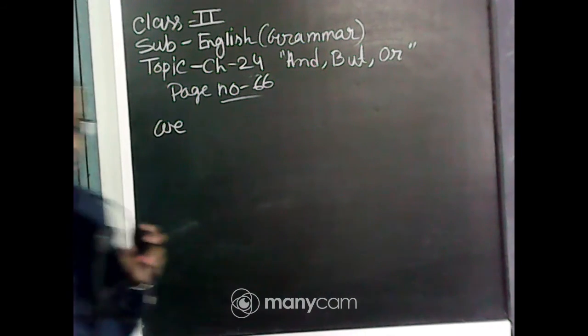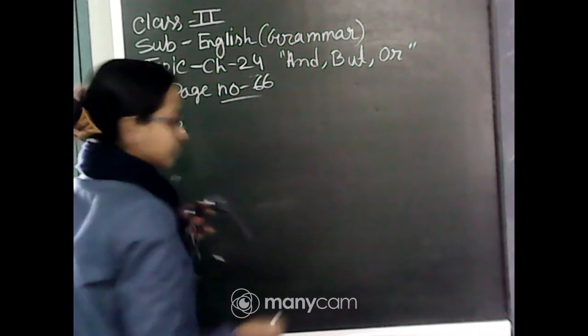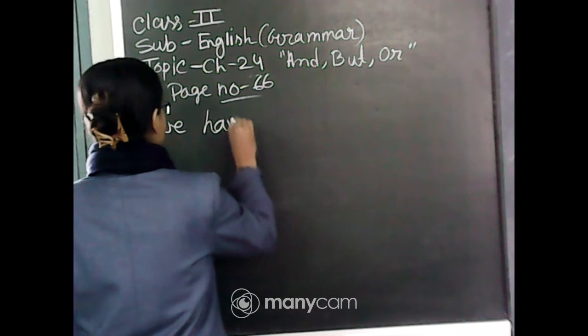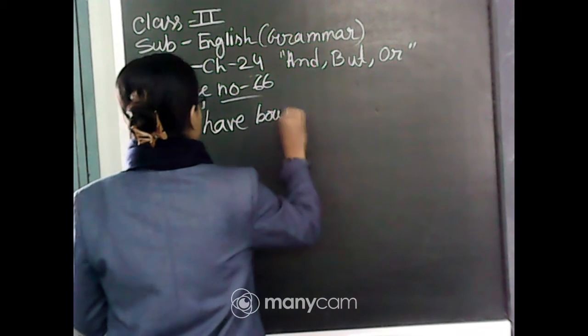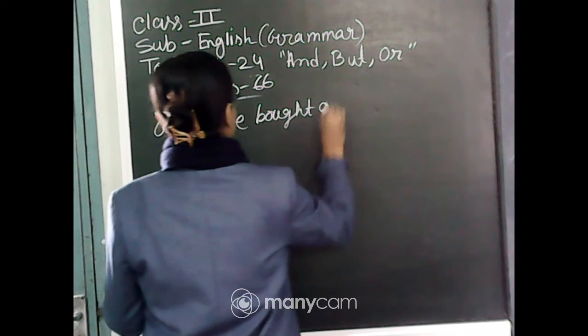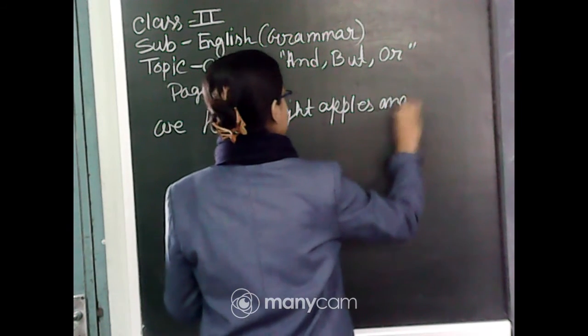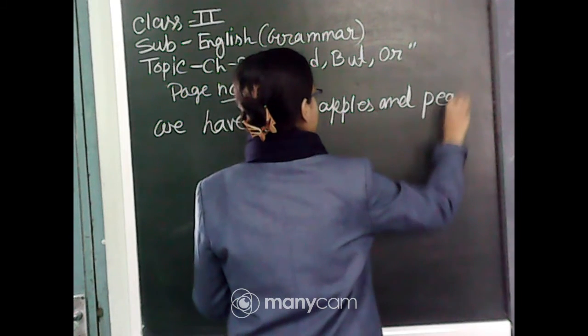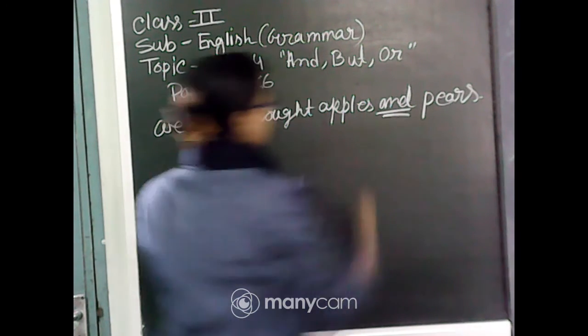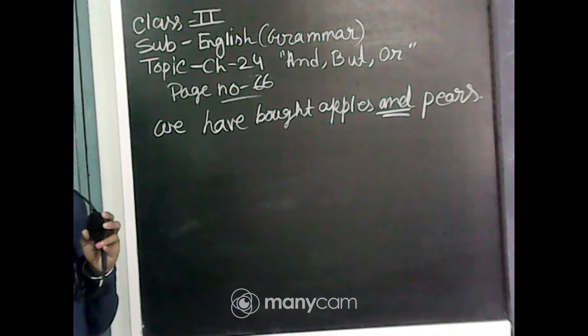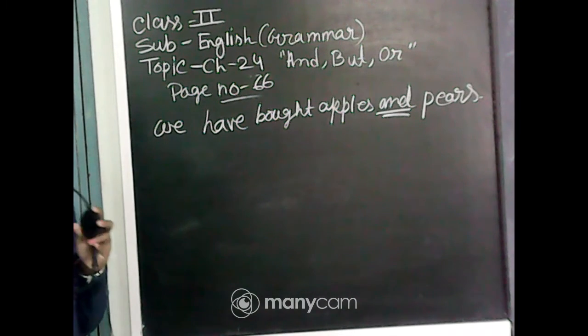We have bought apples and pears. Here you can see we joined the words by and.